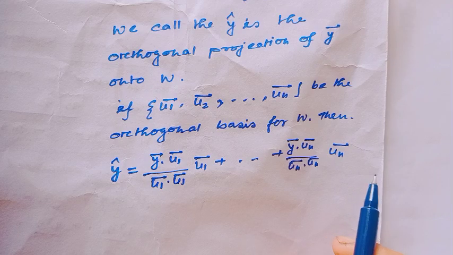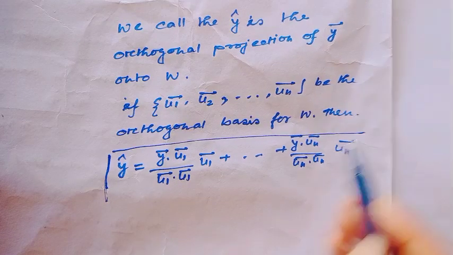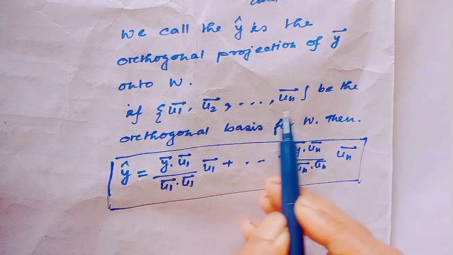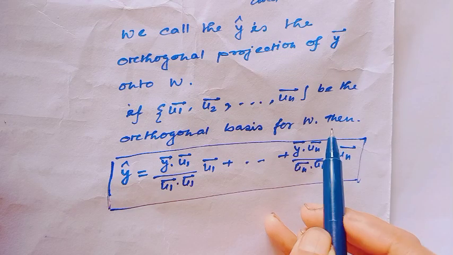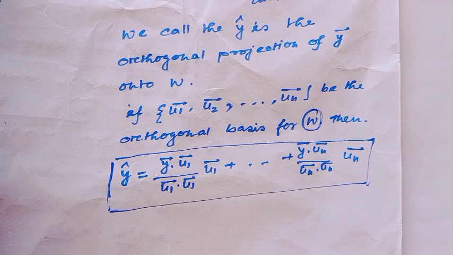Okay, this is the actual formula to find the orthogonal projection, where u1, u2, up are the orthogonal basis vectors of the subspace W. I have seen this part elaborately in my previous video.